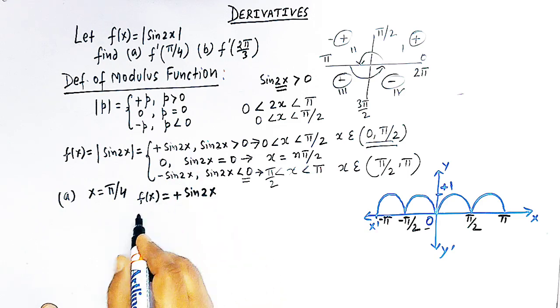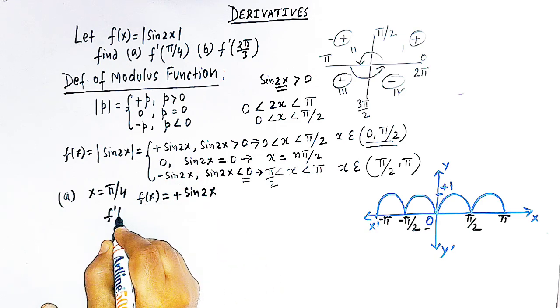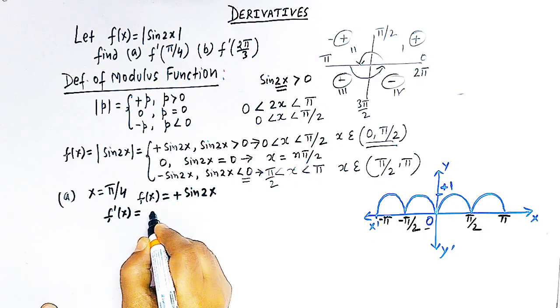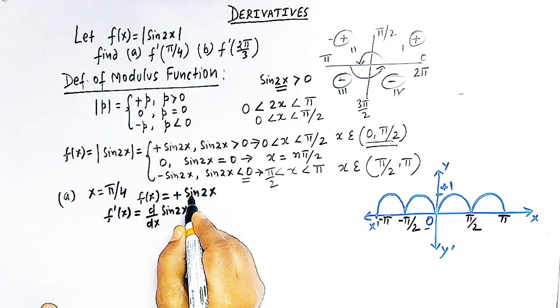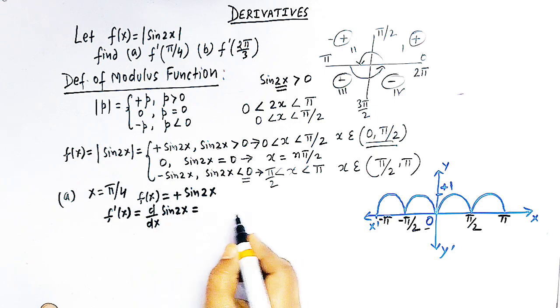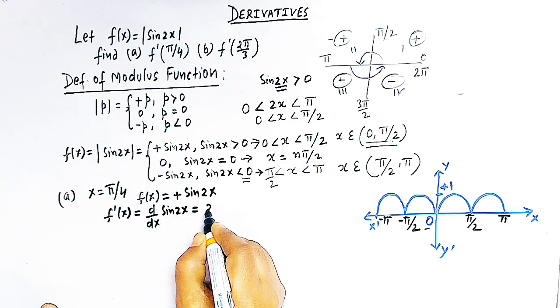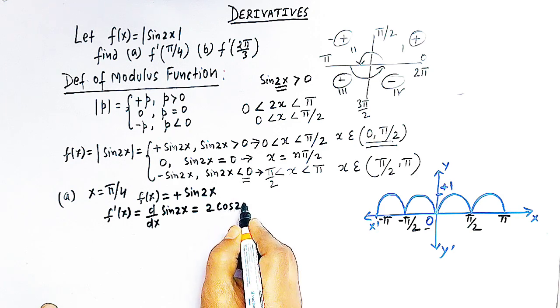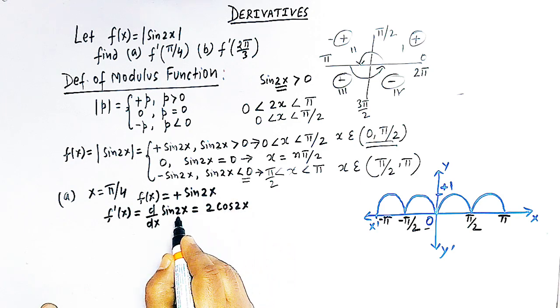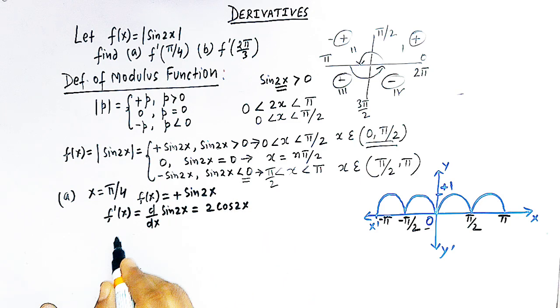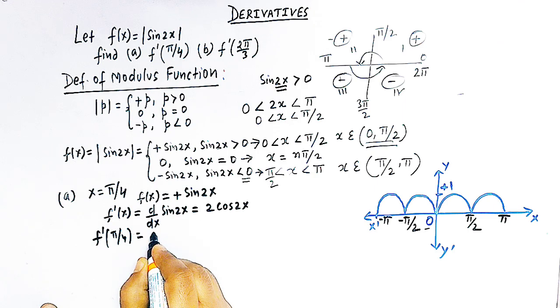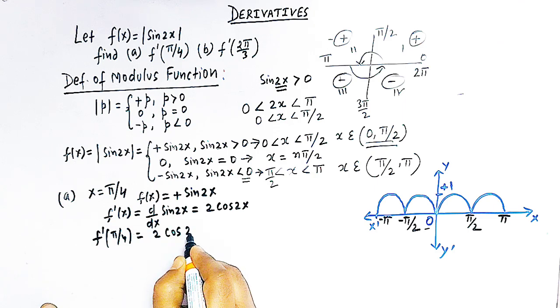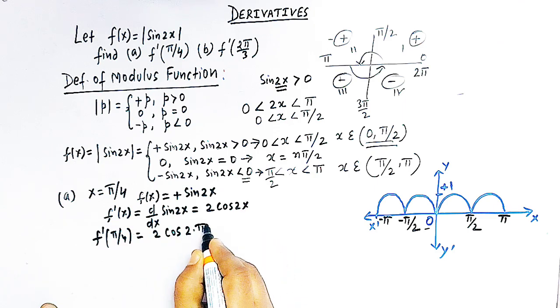Now let us differentiate f(x). So f'(x) is equal to d/dx of sin 2x, right? So the derivative of sin 2x is 2 times cos 2x. This 2 is due to the chain rule, right? Okay, now taking x equal to π/4, f'(π/4) is equal to 2 times cos(2 times π/4).